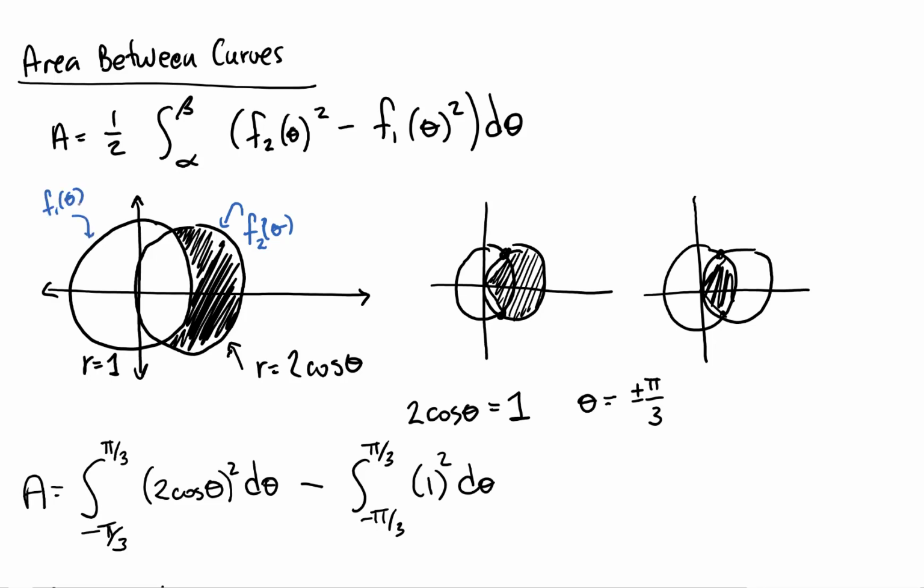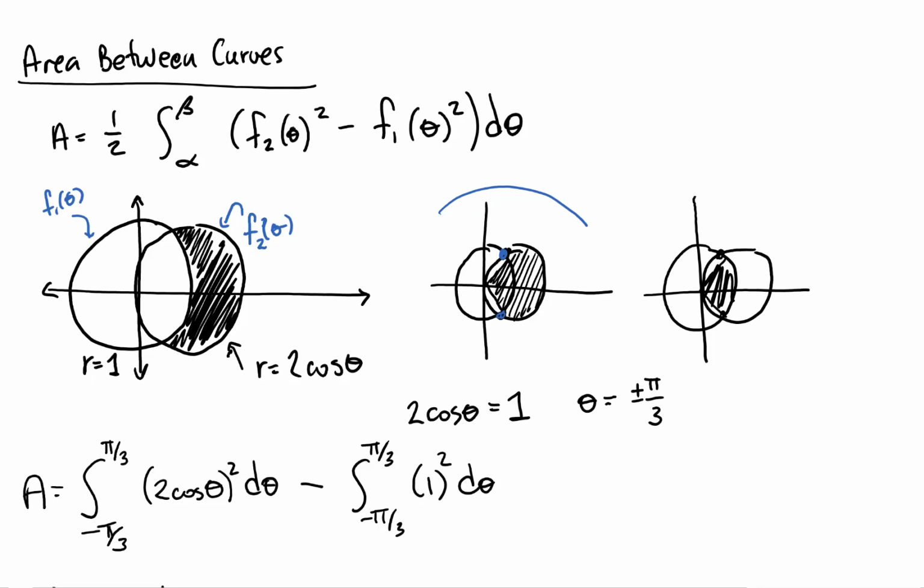So this is the outer function here, f sub 2 of theta, and this is the inner one, f1 of theta. The inner one has a radius of 1, as a formula r equals 1, and the outer one has been shifted, so we can use the formula r equals 2 cos theta for that one. To get the shaded area, this picture here is for calculating the area between these intersection points.